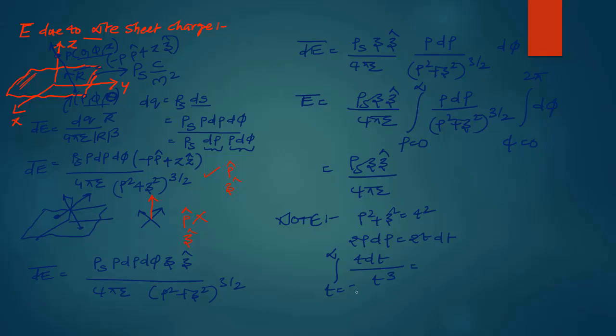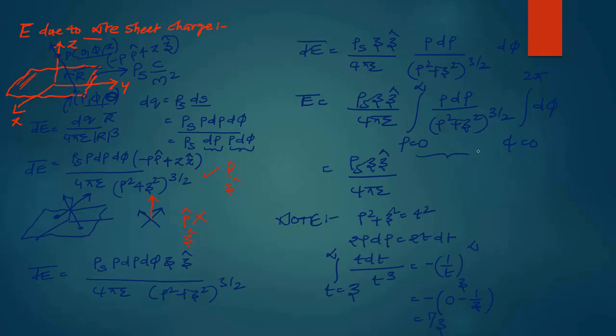For 1 by t square, what is the integration? Minus 1 by t. The limits are z to infinity, so it is equal to 1 by infinity, which is 0, minus 1 by z, sorry, minus of minus 1 by z. That means you are getting 1 by z as the integration of this part.